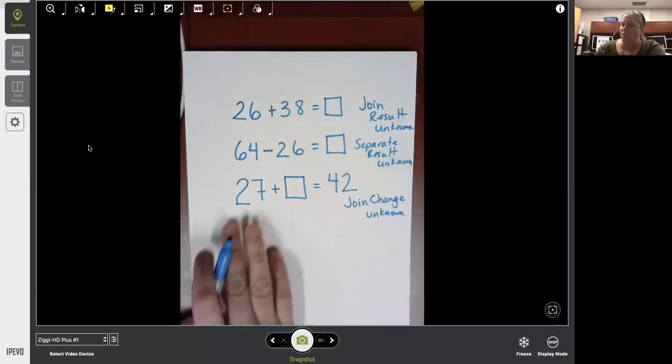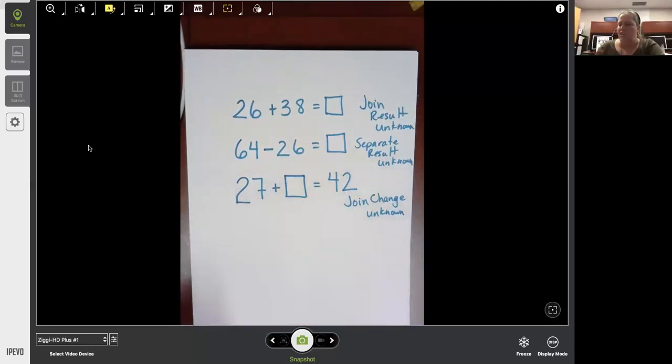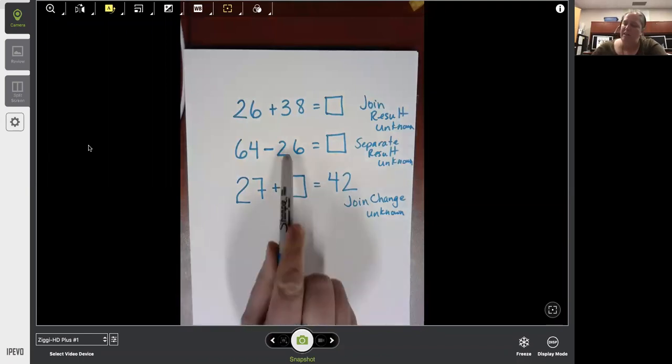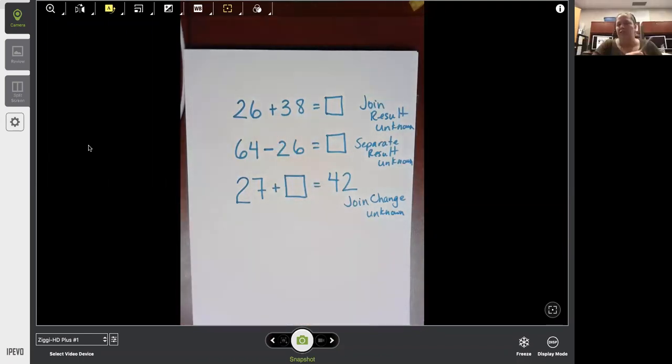Yeah, so this last one is called a join because the action is joining, but it's the change that's unknown. And this type of question opens the door for students to use either addition or subtraction to figure out the relationship there. Instead of it being a removal action that we would see here, this is a little bit more about considering subtraction, or considering that the relationship we're looking for here is the distance or the difference between those two numbers.